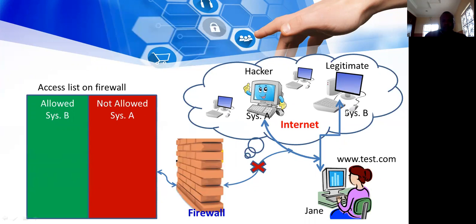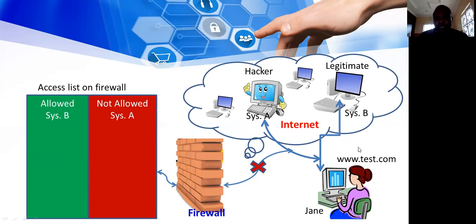And let us assume that a user called Jane is trying to access a website on this server, system B, and that website is called www.test.com. In a situation whereby there is nothing that prevents attackers from accessing the communication of Jane, then it means that the attacker will be able to penetrate easily into Jane's communication, and then anything can happen.